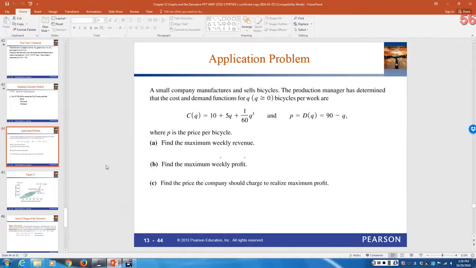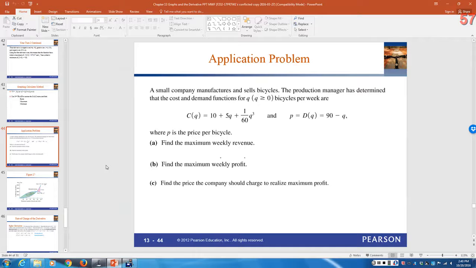Let's see. 90Q minus Q squared minus 10 minus 5Q minus 1 over 60 Q to the third. So let's put this in order. Negative 1 over 60 Q to the third minus Q squared. 90 minus 5 is 85Q minus 10.